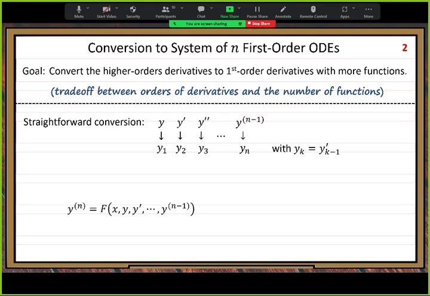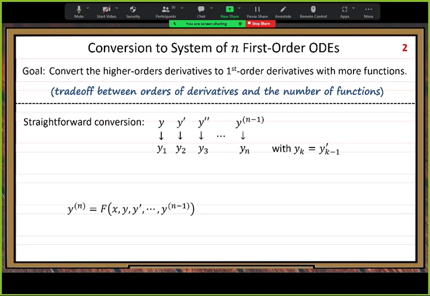Then the higher order ODE we consider is in this form, not the general form with the nth order derivative inside, because that one is too hard. So we make it slightly simpler.